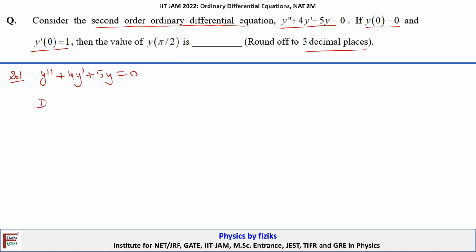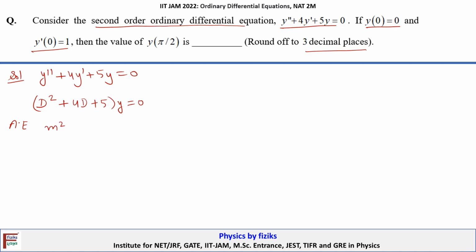Then this differential equation is written as D square plus 4 times D plus 5 into y is equal to 0. And from this, we obtain the auxiliary equation by substituting D is equal to m.